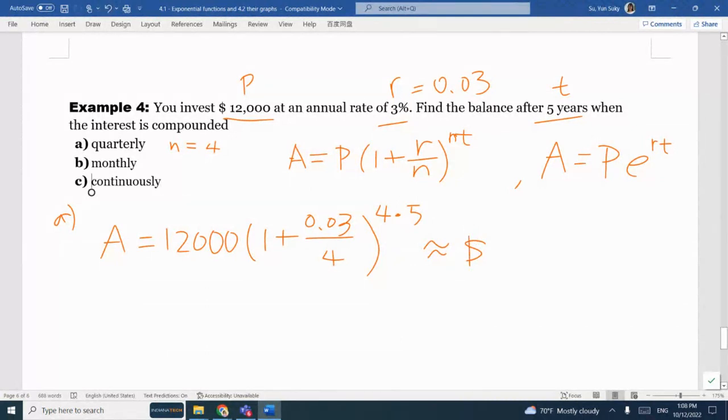Everybody, learn how to use your calculator. Okay, 12,000 parentheses 1 plus 0.03 over 4, raised to the power 4 times 5. Please bring your calculator to class from now on, okay?